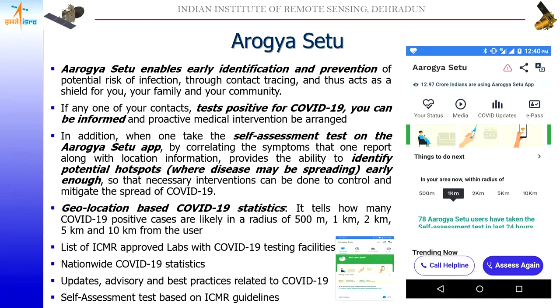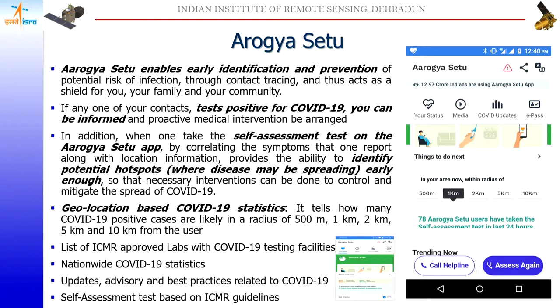All those interactions are stored. Once somebody tests positive, the status of that person automatically changes, and the status of those who have come into contact with that person also changes. This could be very helpful to break the chain. Otherwise, we will never know whether we have come into contact with somebody who is infected, and we could again be a spreader of the disease.